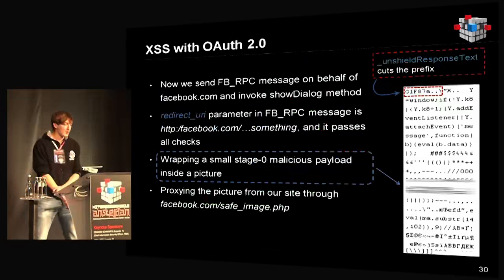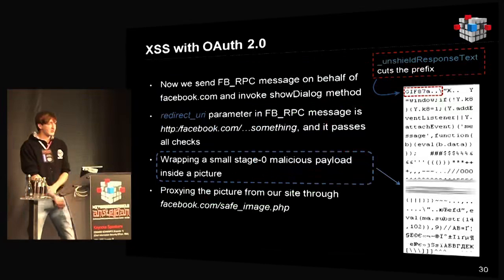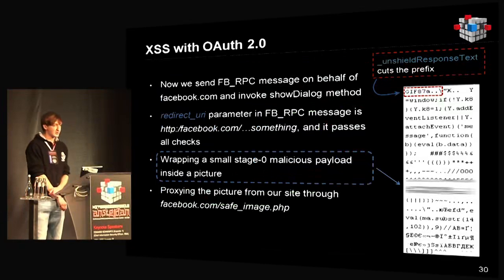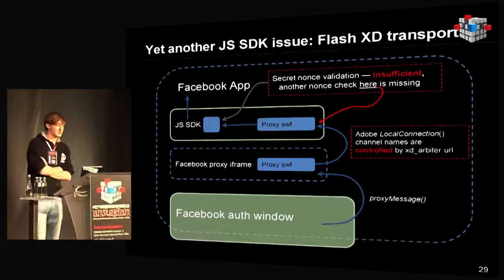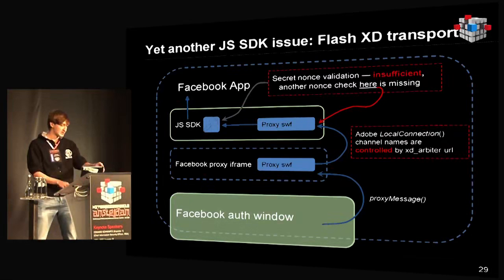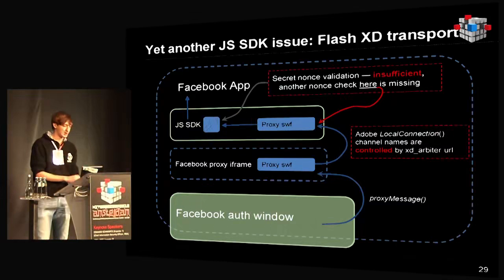If you insert two iframes with the Flash transport and connect them with the same channel, they can talk to each other. And the thing was that there is a secret nonce validation in the JS SDK. The secret nonce is a kind of defense made in order to deny any communication with an unknown object.